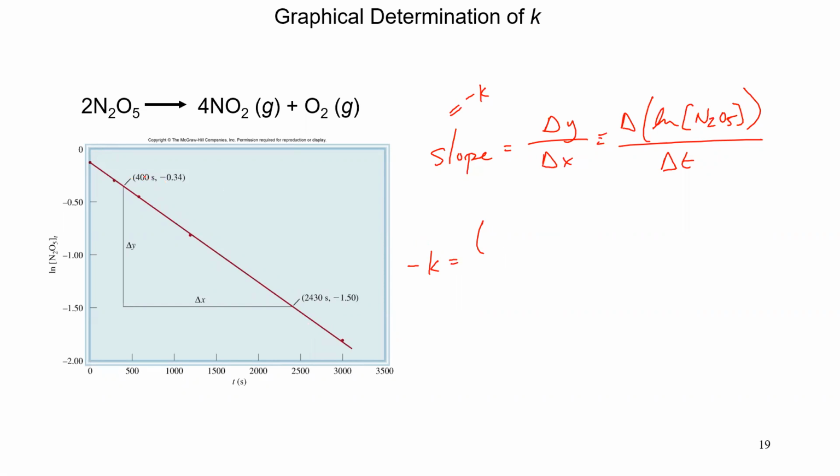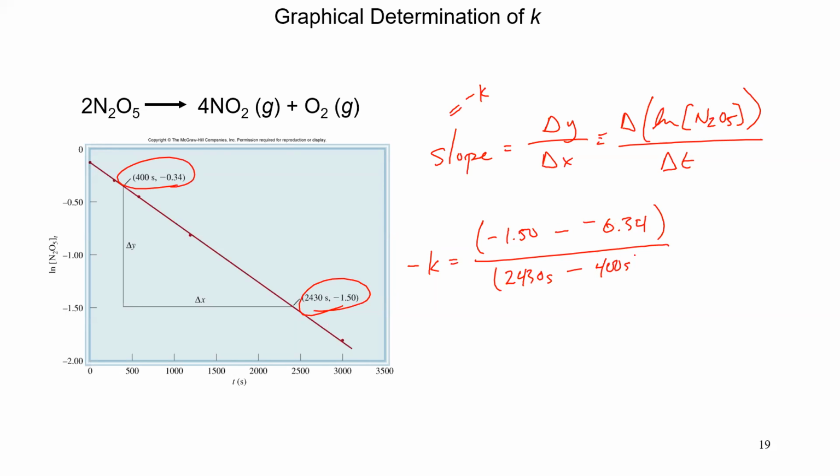We start at the final point and subtract the initial or an earlier point. So negative 1.5 minus negative 0.34, divided by the change in time, 2430 seconds minus 400 seconds.